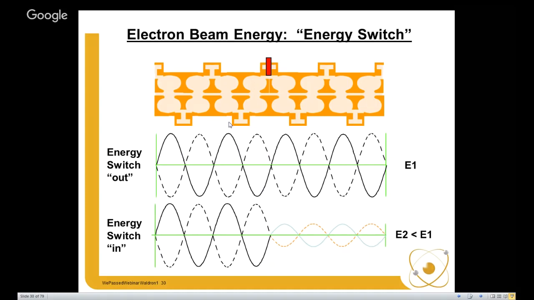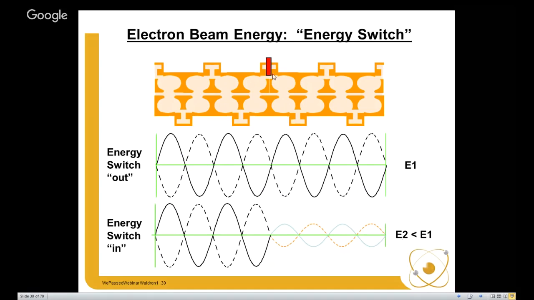So now I can accelerate electrons at this same power level through the first half of the accelerator, and I can load that beam just as much as I did for the higher power level. But because the electrons are not undergoing acceleration in these other cavities, the total energy is now much less than the energy in the case of E1.